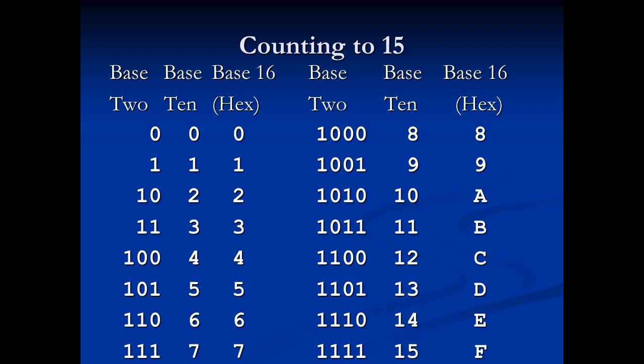Since we are used to only the digits 0 to 9 in our counting system, in the hexadecimal system we use our digit symbols 0, 1, 2, 3, 4, 5, 6, 7, 8, 9, and then we also use letters of the alphabet to make up the remaining 6 symbols: A, B, C, D, E, F. So in our hexadecimal system, our digits include 0 to 9 and the letters A to F.